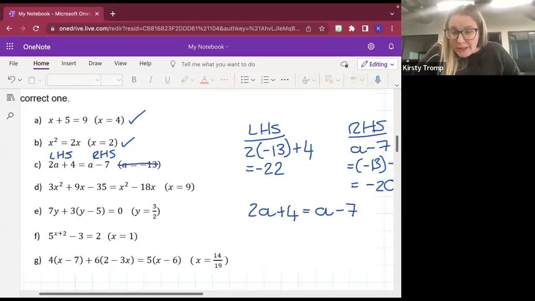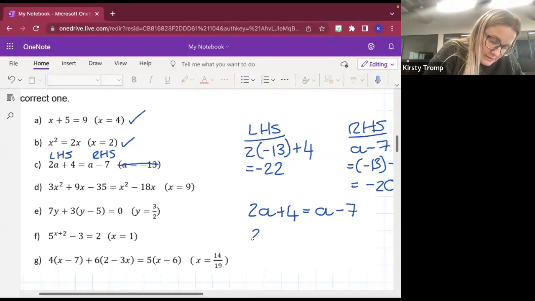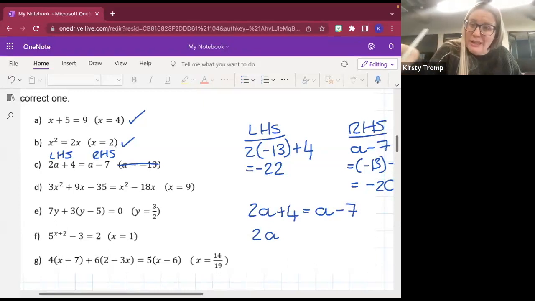What's my goal here? My goal when I'm doing equations is to get all my letters on the one side and all my numbers on the other side. So I'm going to leave 2A where it is, and I'm going to bring this A across to the other side. When it comes across, it becomes minus A.